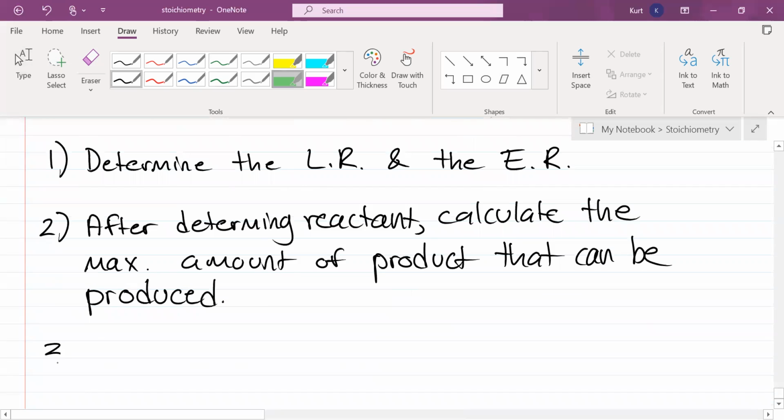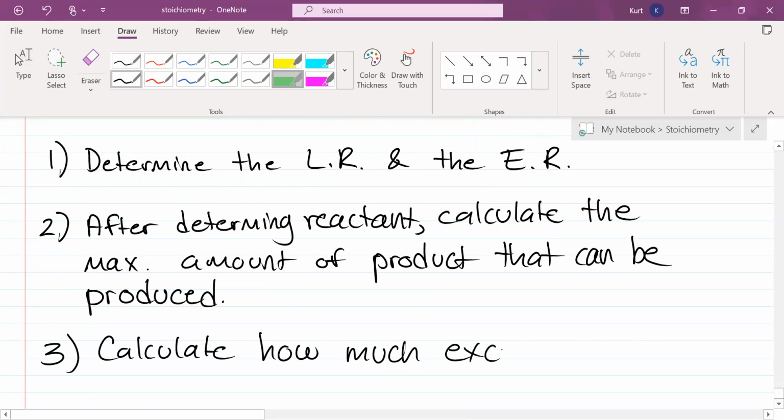And the third and final step, calculate how much excess remains. You can get started on this now. I bet you can at least accomplish step 1 before class is over.